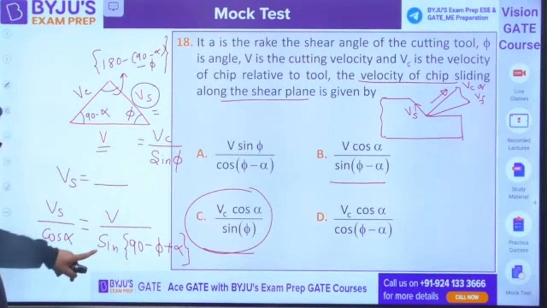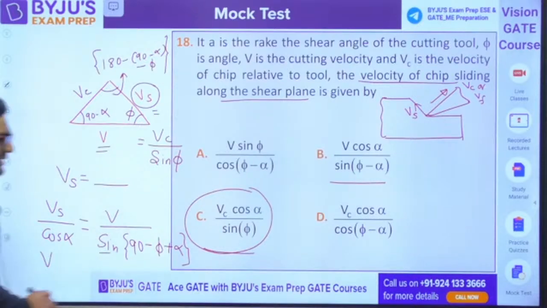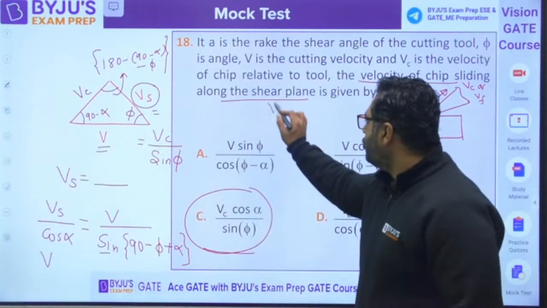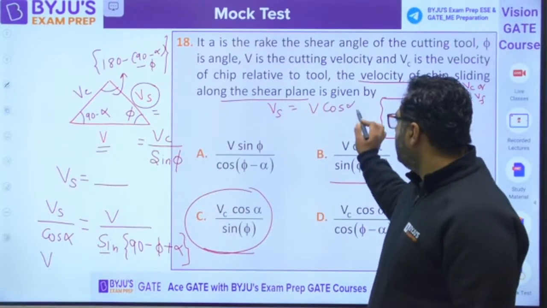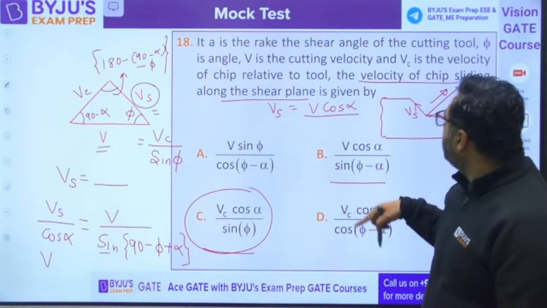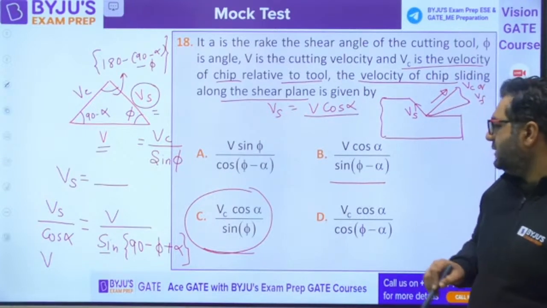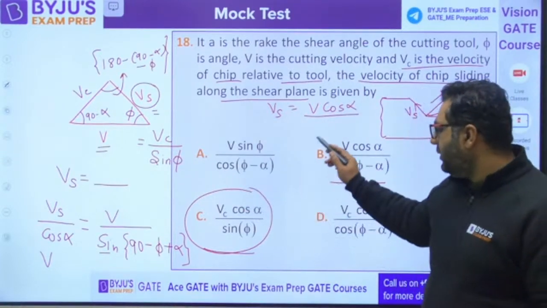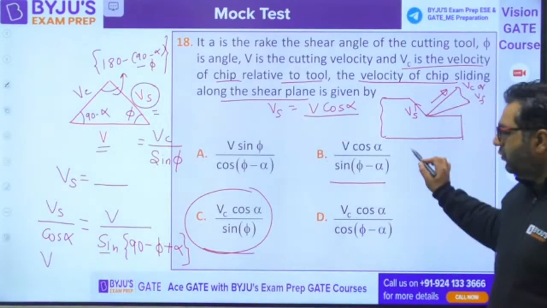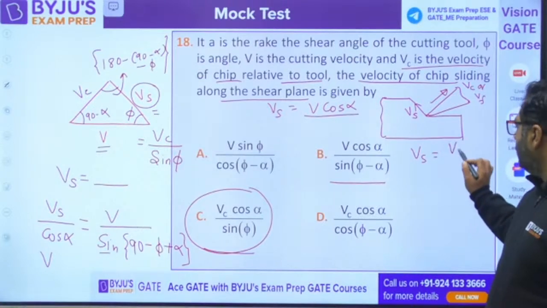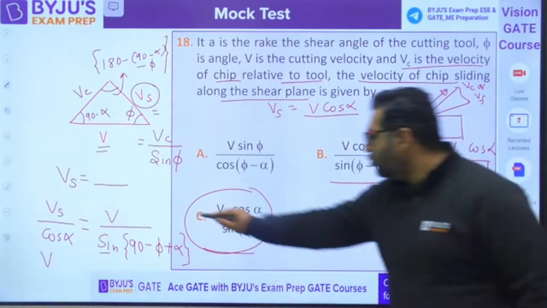Sin(90 minus phi plus alpha) will be cos(phi plus alpha). They are saying Vc is the velocity of the chip relative to the tool. So when we talk about Vs, it is Vc by sin phi, and you will get Vs as Vc cos alpha by sin phi. So the answer will be C.